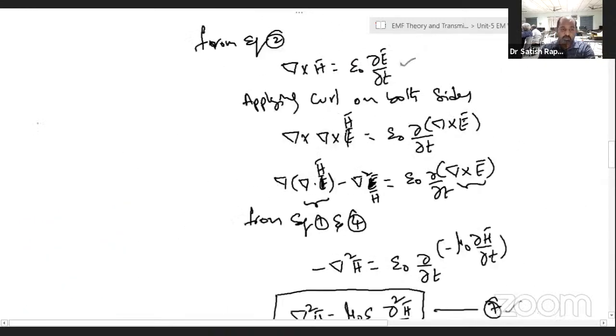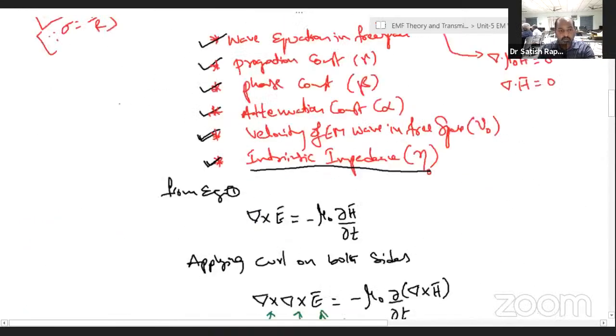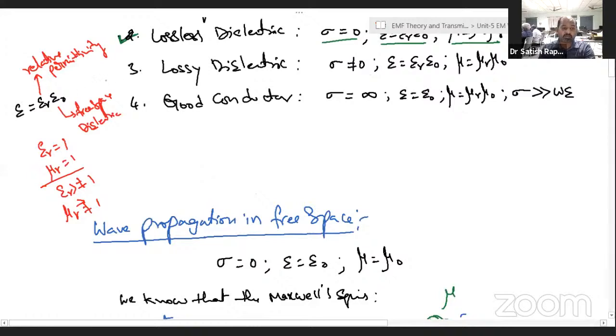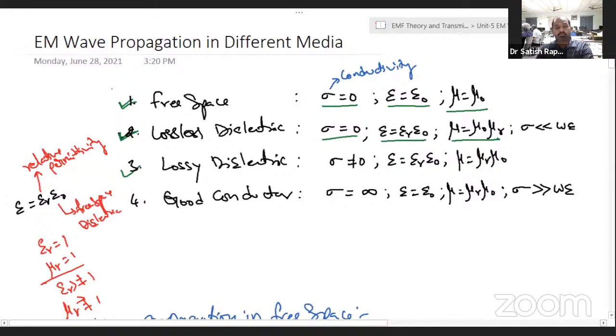One shot, two birds: free space and lossless dielectric media, so two we have completed. If you are well aware of free space, lossless dielectric media is very similar. And coming to lossy dielectric media, this is very important.